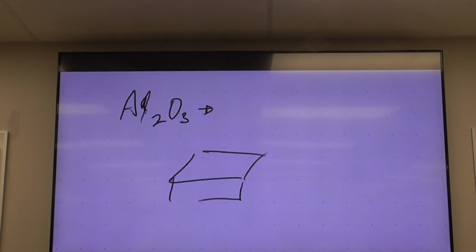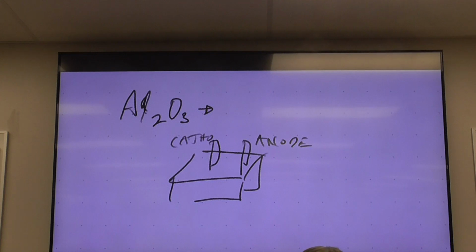You're gonna melt it, and then you're gonna put in a cathode and an anode, okay? This is not existing as a chunk of aluminum and oxygen, okay? These are existing as their cations and anions. So this is existing as Al3+, and the oxygen is existing as a free ion, O2-.